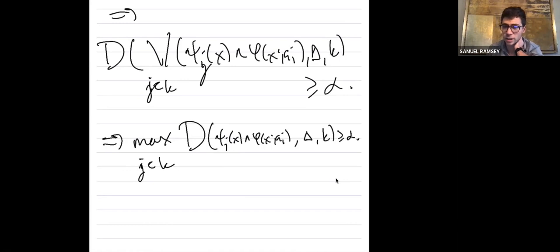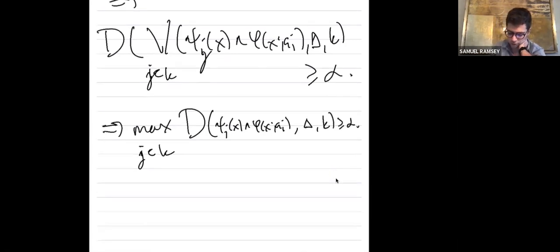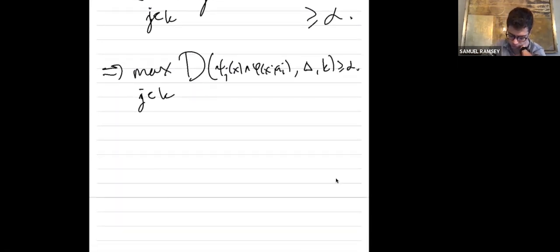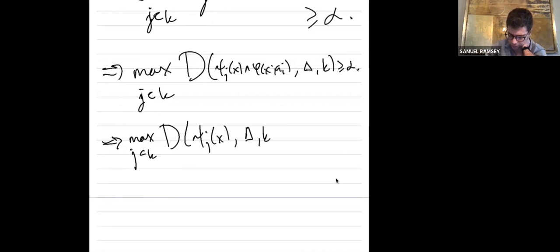That's the induction hypothesis. So that implies that the max of j less than k of D cj x, delta k, is at least alpha plus 1 by the pigeonhole principle.